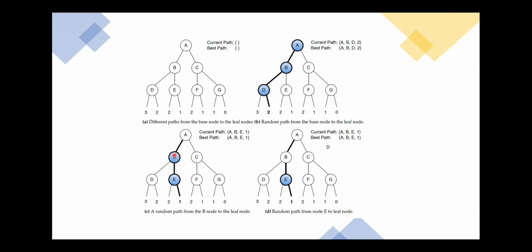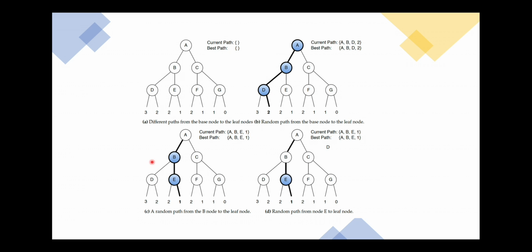Let's say this time we make a different path and reach a leaf node. This time our new path is A, B, E, and the weight is 1, which is better than 2, and therefore we save it in the best path. We modify the elements of the best path and save the new path here.